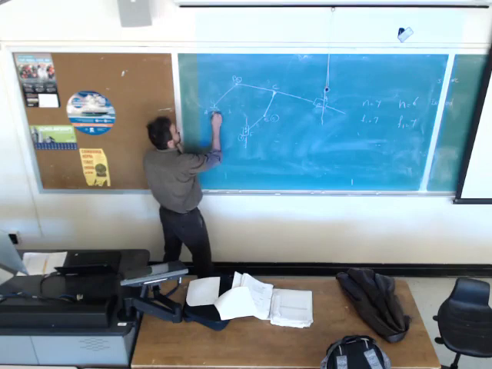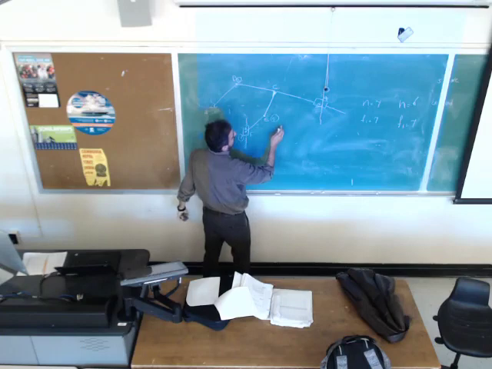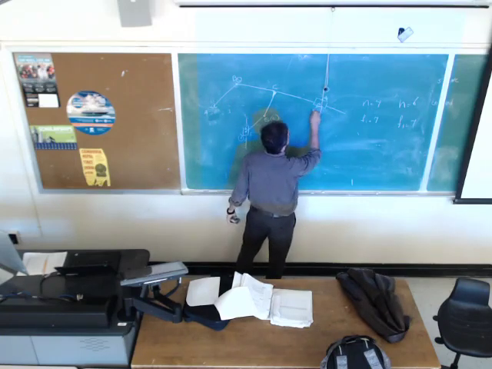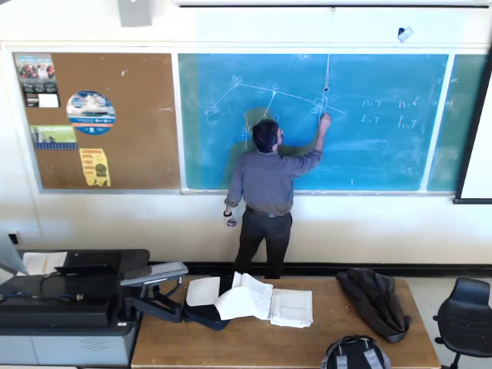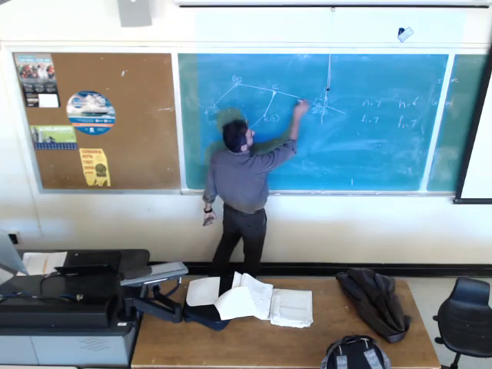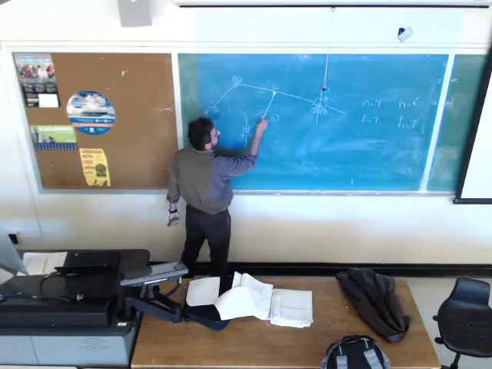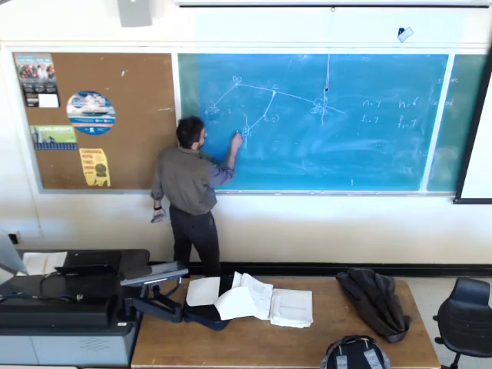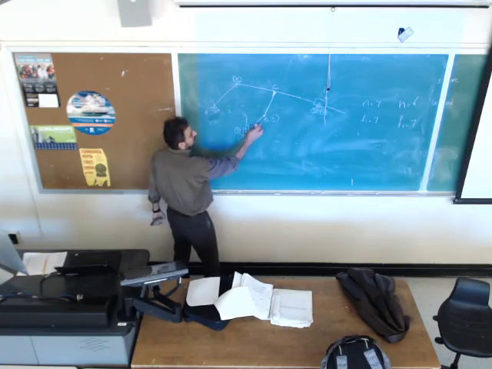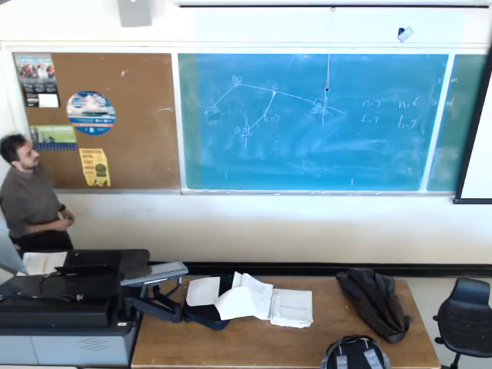So joint 1 here, number 2, number 3 and 4. 3 is translational between the slider and this guy. 4 is rotational between ground and this guy. 5, 6 and 7. 6 is rotational between 5 and 6. 7 is translational between ground and a slider.